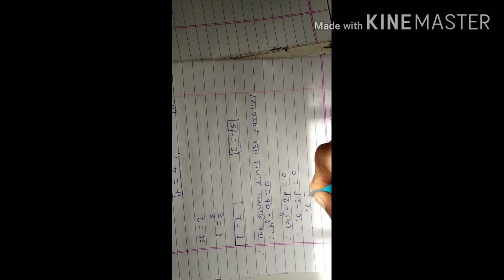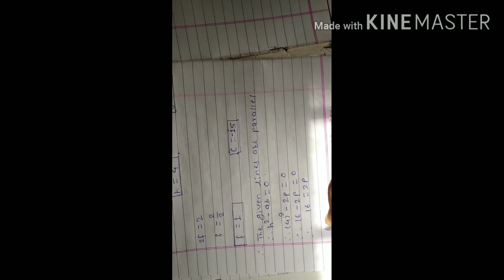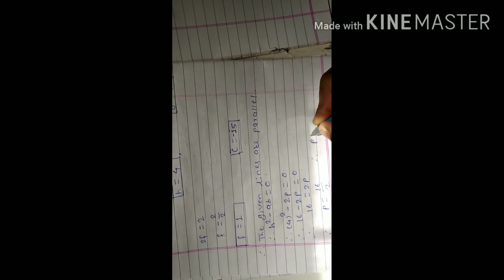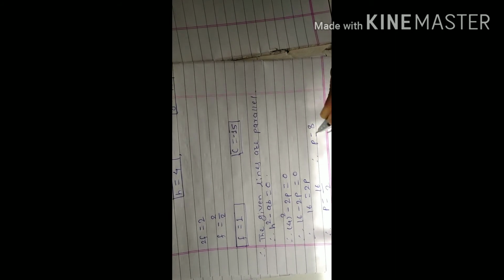Therefore 16 is equal to 2 into p, and therefore the value of p is equal to 16 divided by 2. We get value of p is equal to 8. Value of p is 8, and that is b equal to p.